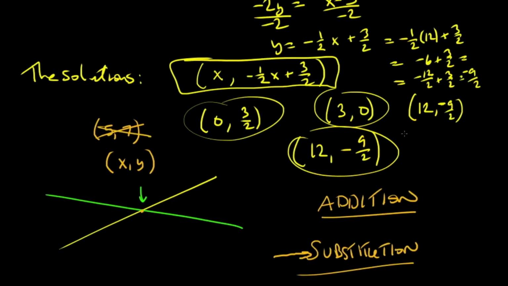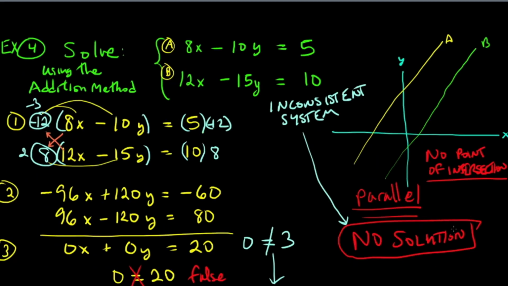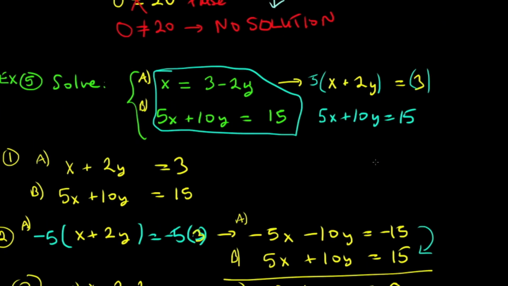But if it says specifically to use the addition method and you use the substitution method, you're going to lose points for that. Don't expect to get full credit if you don't follow the directions. So pay very clear attention to the directions here. Especially in this case, it says to solve using the method of addition, and we did that here.